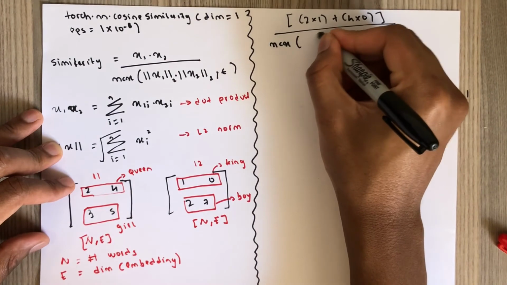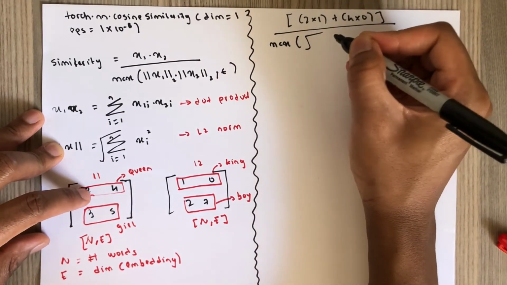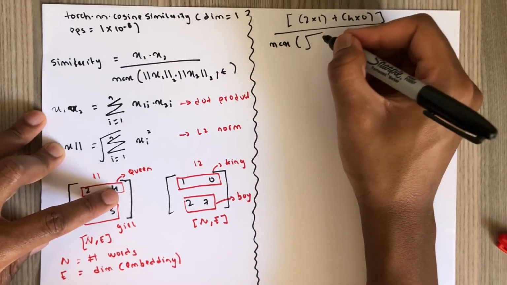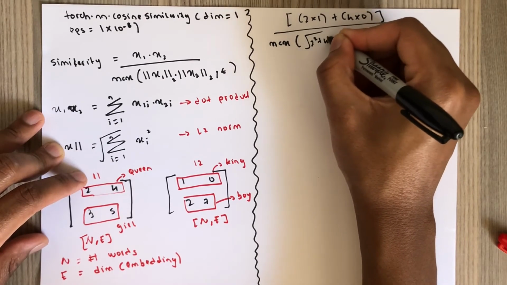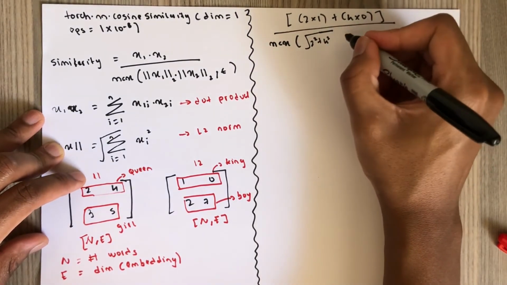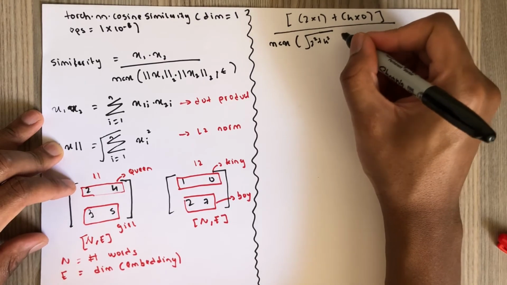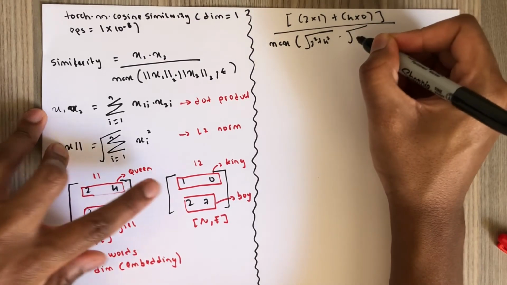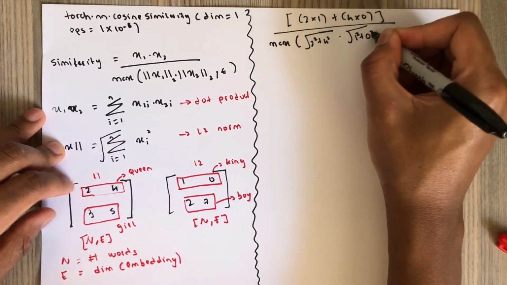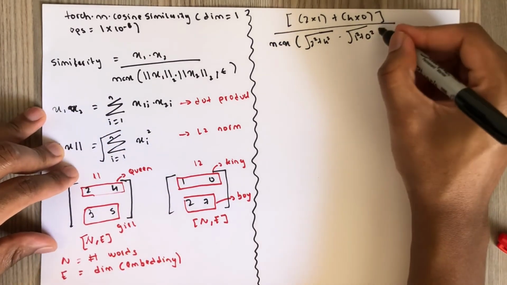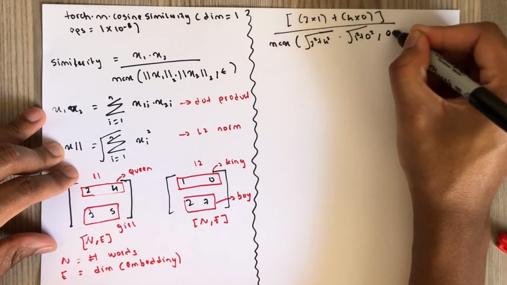So the L2 norm is the square root of 2 squared plus 4 squared, and the multiplication of the square root of 1 squared plus 0 squared, this one king, then epsilon.